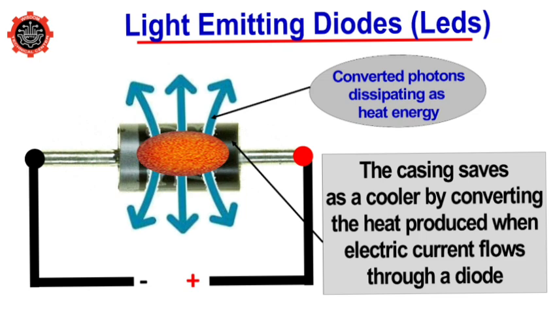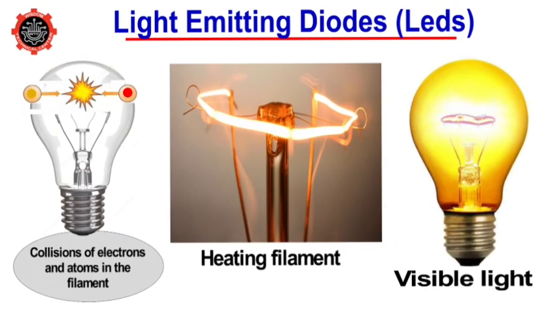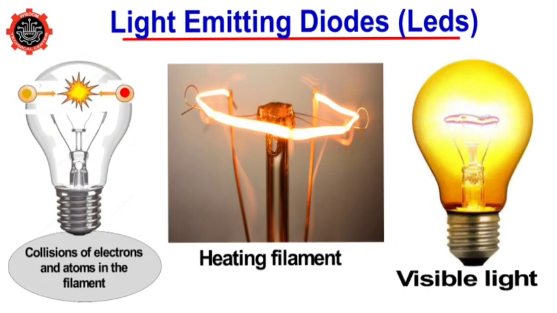But LEDs they produce very little heat as compared to the traditional incandescent light bulb wey go generate a lot of heat. In the traditional incandescent light bulb, the electrons then go collide with the atoms in the filament made of tungsten, for example, and this collision go produce heat.